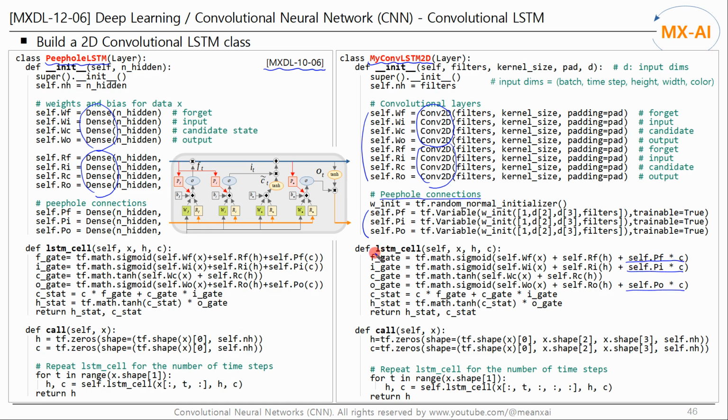The LSTM cell function computes the outputs of each gate according to the formulas shown on the previous page. When an input image X is fed into the 2D convolutional layer Wf, the feature map of X is output. Similarly, when the hidden state H is fed into the 2D convolutional layer Rf, the feature map of H is output.